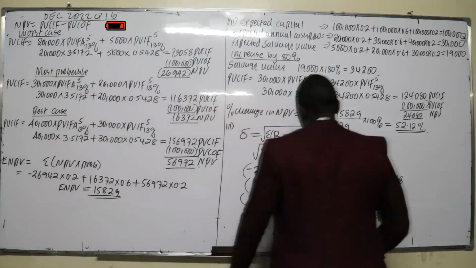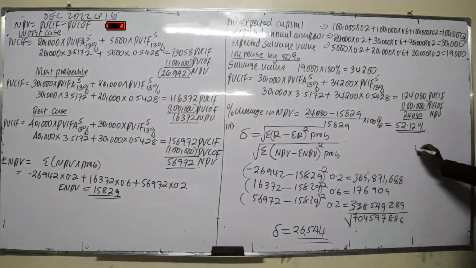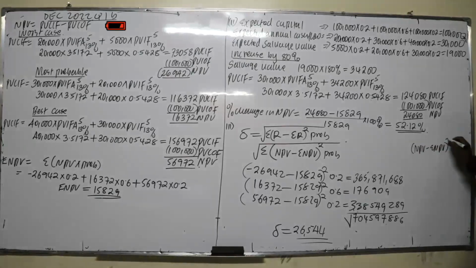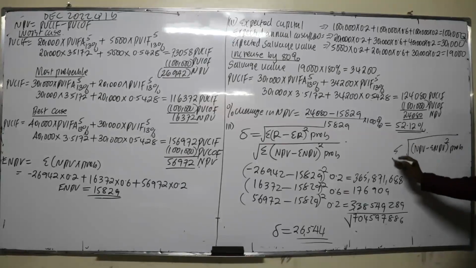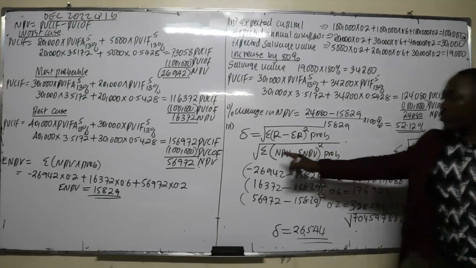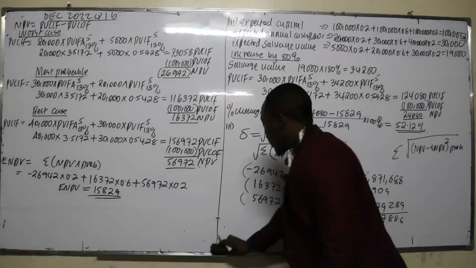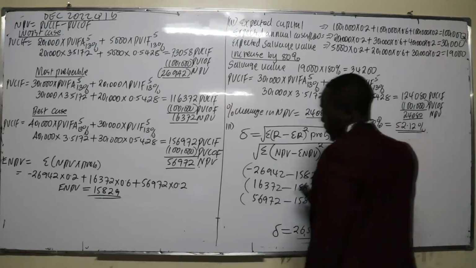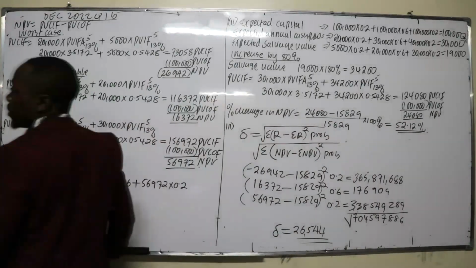Now, what you were doing before, NPV minus expected NPV, squared, probability, square root, this is not the formula. Are you together? First of all, you have to add all of them before you get the square root. Good. Now you can comfortably copy.